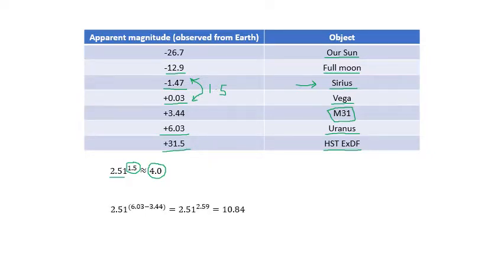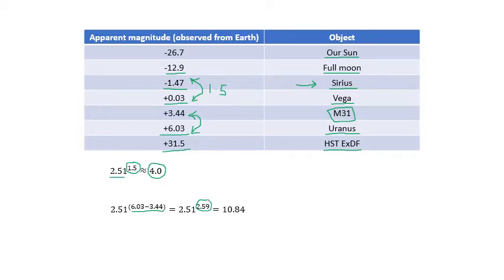Okay, here's another example. So here we've got 6.03 and 3.44, and we're taking the difference between these two magnitudes. So it's the difference between these two objects here, M31 and Uranus, and that turns out to be a difference in magnitudes of 2.59.